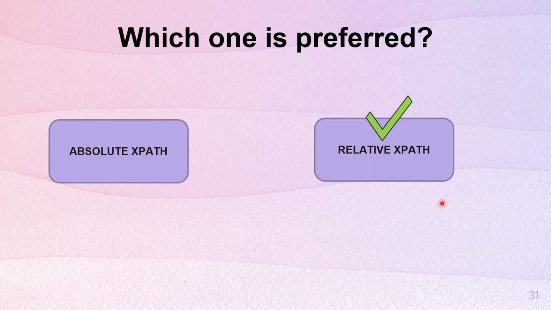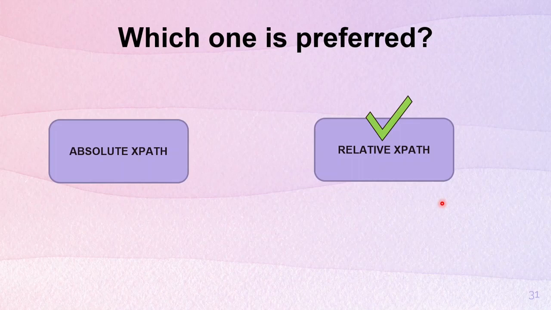It's not stable, so the developer will make changes, and the XPath will keep on changing. So that is the reason why absolute XPath is not mostly used by automation testers, whereas the relative XPath is mostly used by automation testers. Because in relative XPath, the attributes used are fixed. They are not changing. We are not using the root element to the desired element. Okay. So that is the reason why we use the relative XPath and not the absolute XPath.